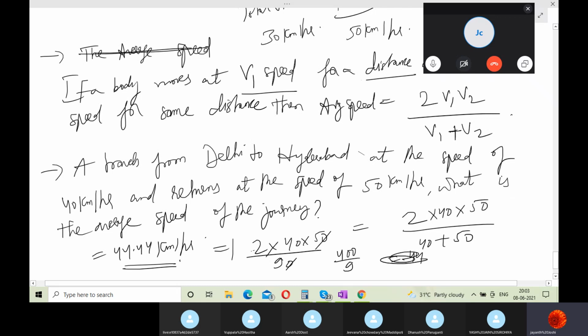Very simple. 9 fours are 36, so you'll take 4, 36 you'll get, remainder will be 4. Again 0 you'll carry down, again 4. See, very simple. What is the problem in this? So this is the answer.